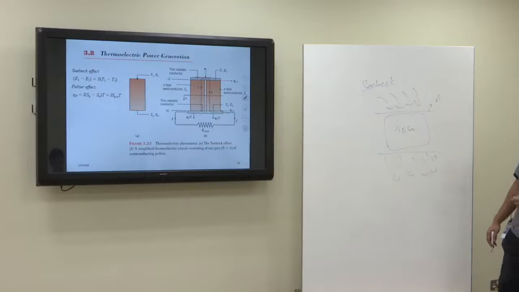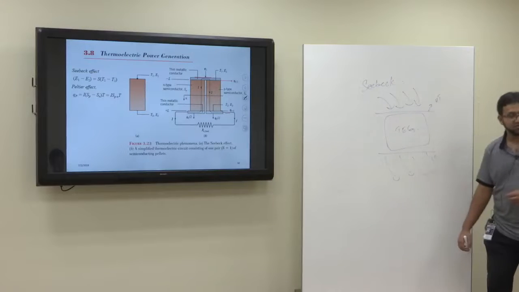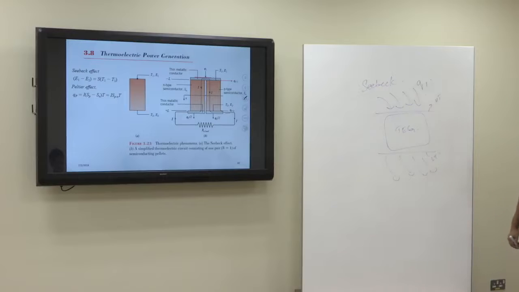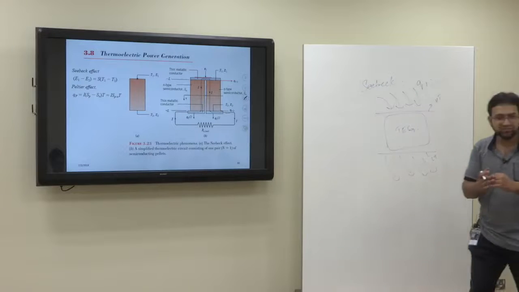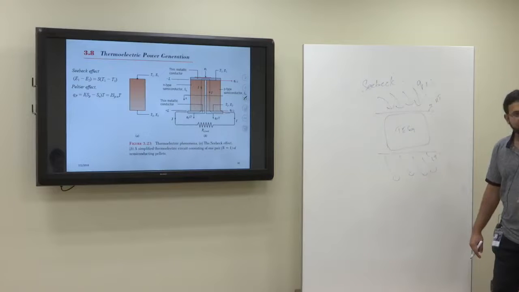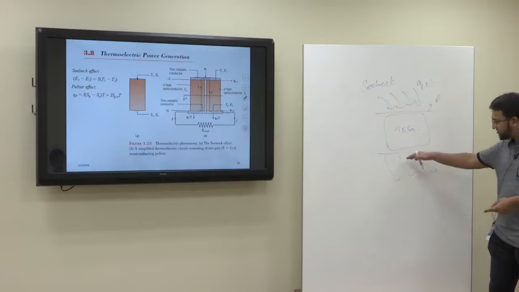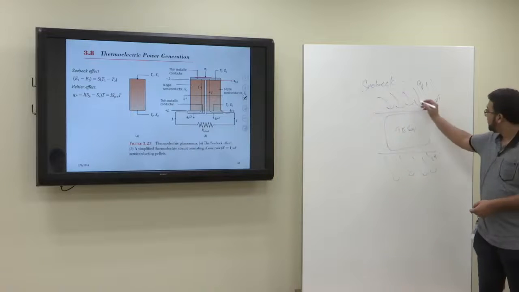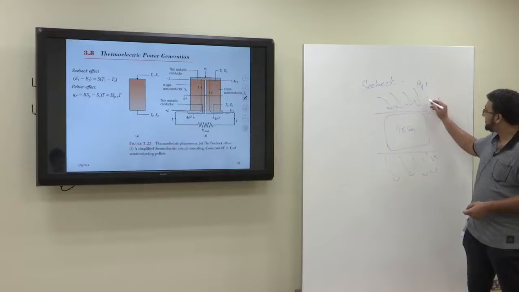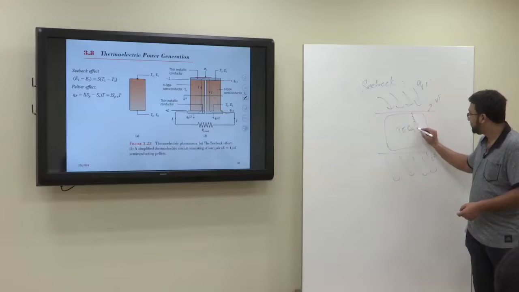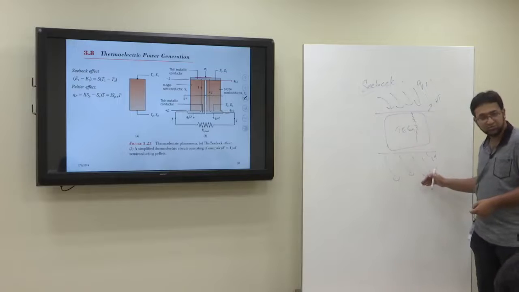Okay? So now, first law of thermodynamics. If you are supplying heat Q1 at the high temperature side, then that's the total energy supplied. This energy will be converted into power plus energy rejected from down. So energy will be transmitted through conduction from high temperature to low temperature side.